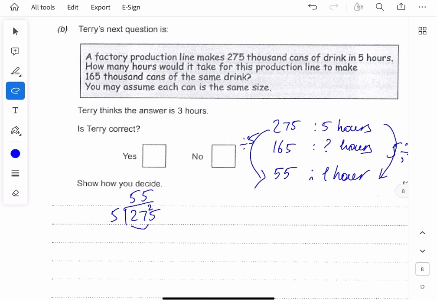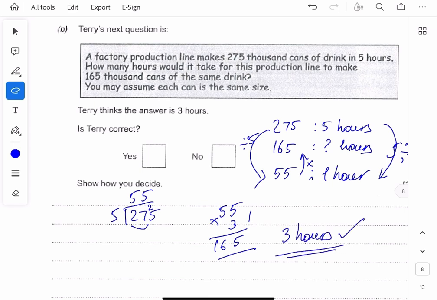And then we need to see the increase from 55 to 165, how many times it's bigger than 55. So we can use the bus stop, but it's probably easier just to multiply. Try a few numbers, multiply and get as close to 165. You should get 165. So that is 3 times. So 3 hours.